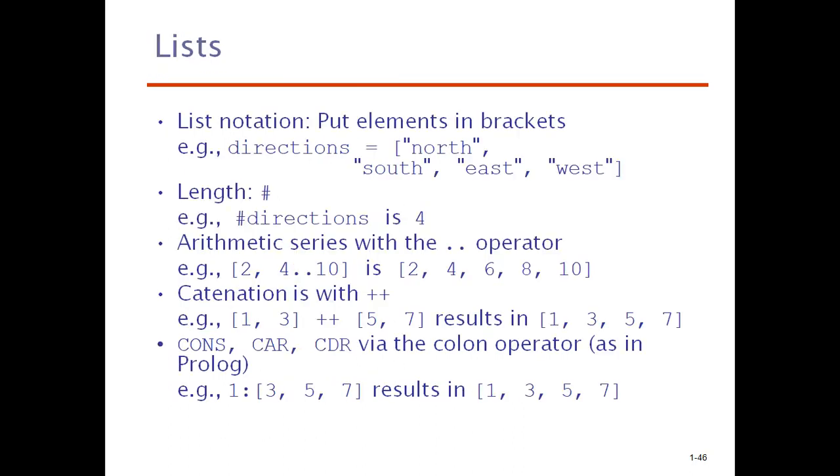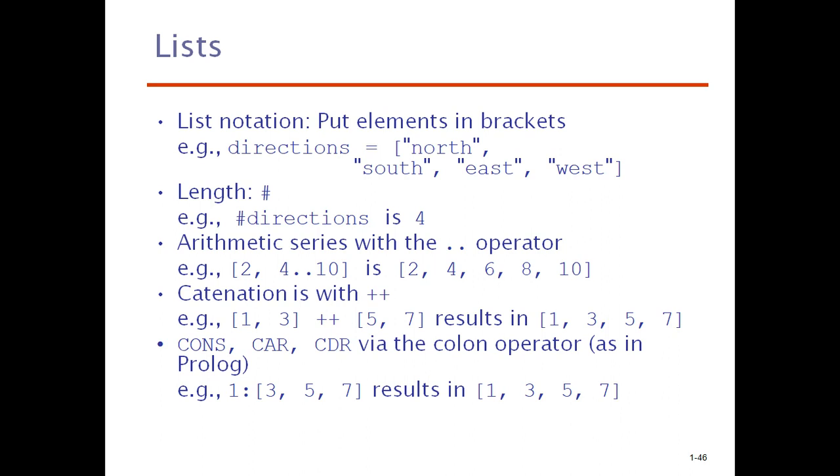Since most functional programming languages deal with lists, in Scheme and also in Haskell you will find lists. The list will be like this: directions = ["north", "south", "east", "west"]. Sorry, here I mean string representations.